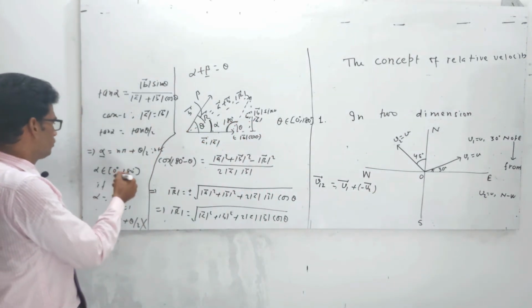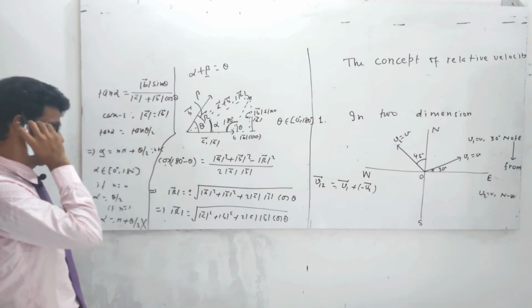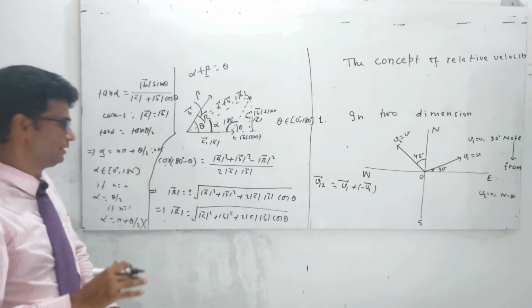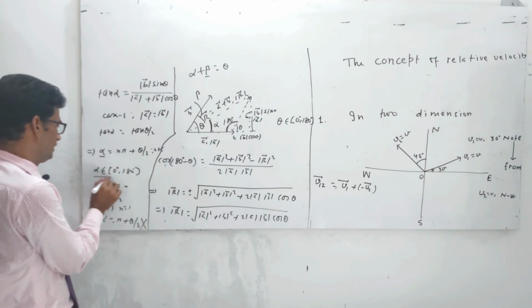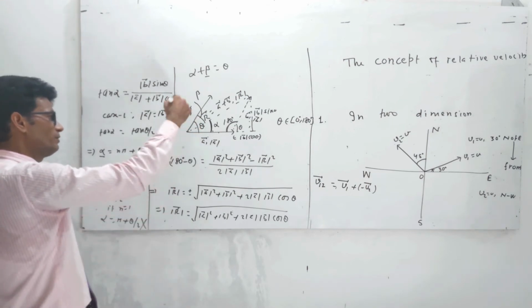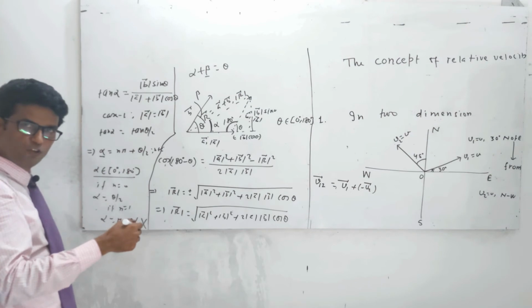So if n is equal to minus 1 here, then alpha comes out to be negative, because theta is maximum pi. Also look at the range: alpha is the angle between the resultant vector and one of the vectors A and B, so vector A. So alpha cannot be negative.